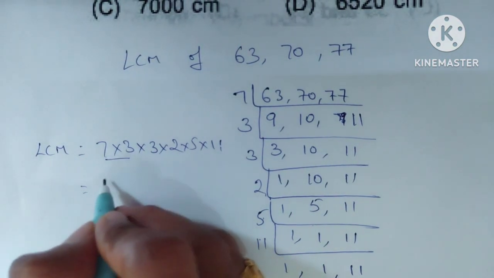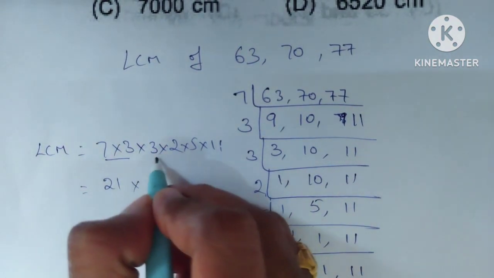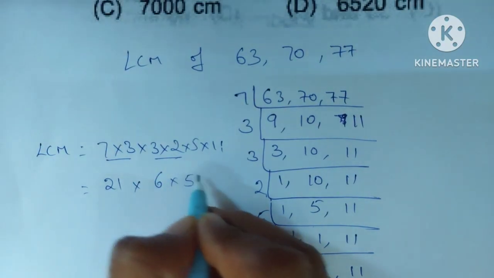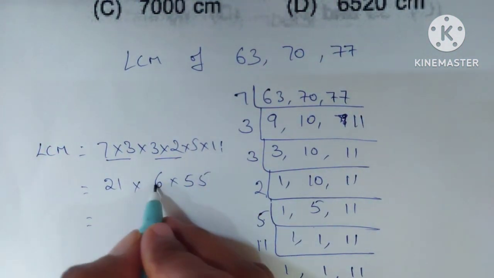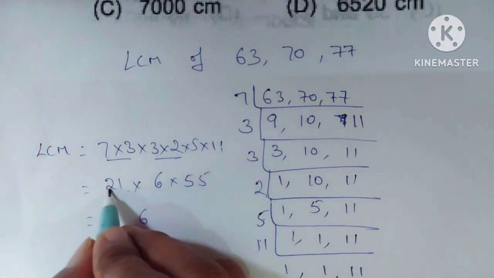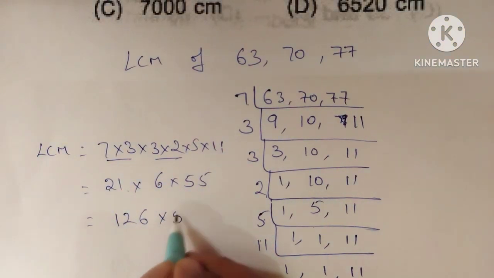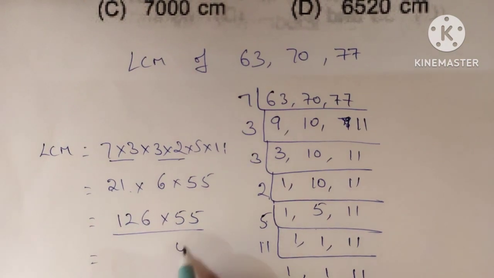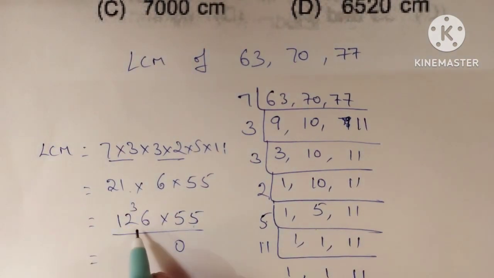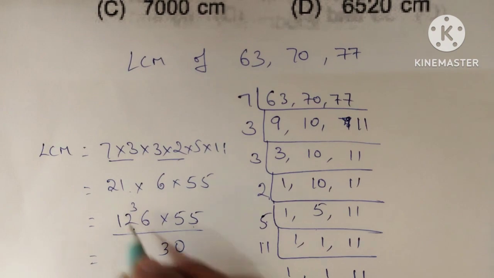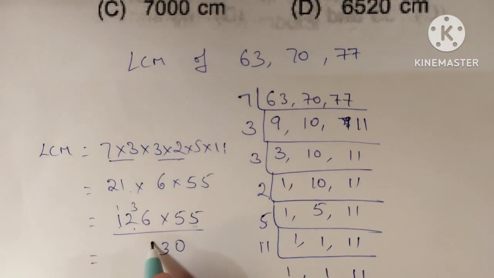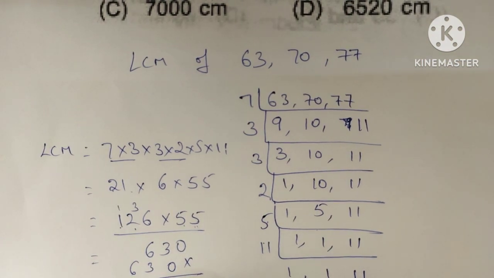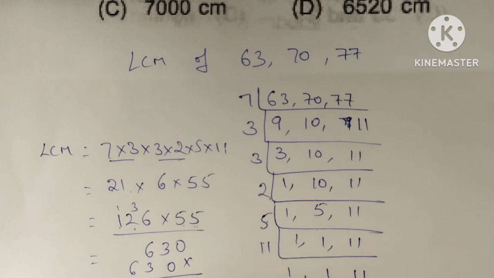So 7 3s are 21, 3 2s are 6, 5 11s are 55, 6 1s are 6, 6 2s are 12, 126 into 55. Again here 5 6s are 30, 5 2s are 10, 5 1s are 5, 630, 6930.